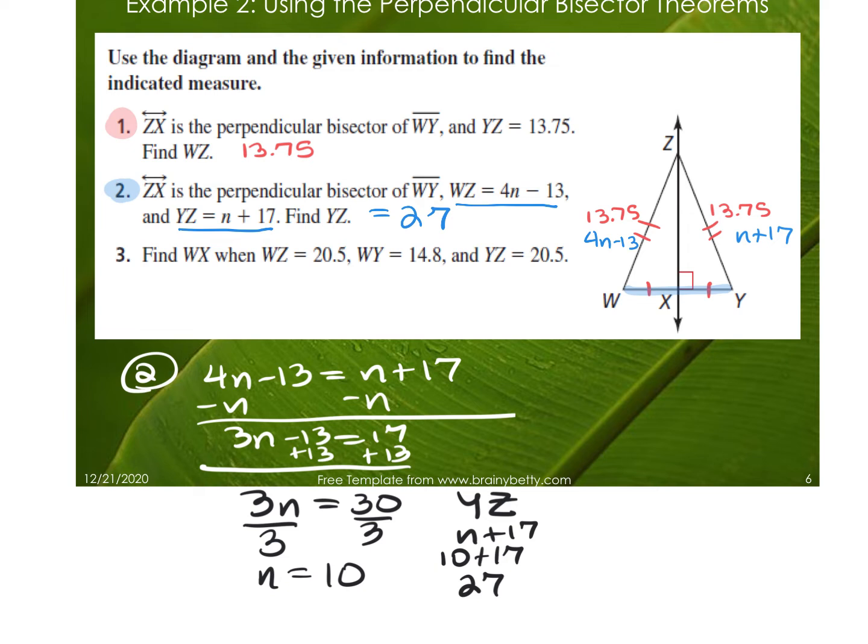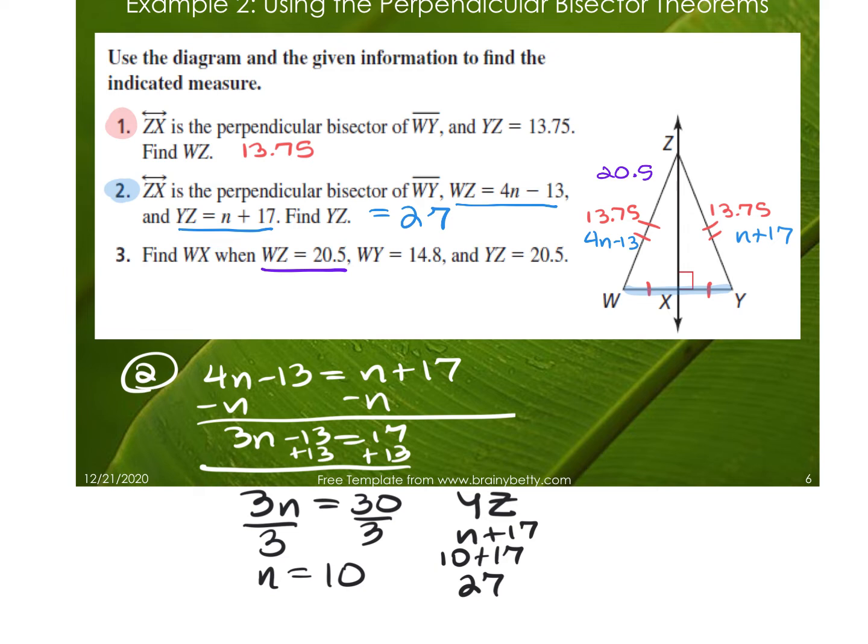Now we're going to do number 3, and I'm going to be using the converse for this one. So notice on this one, they gave us the length of WZ. I'll do this one in purple. So WZ has a length of 20.5.